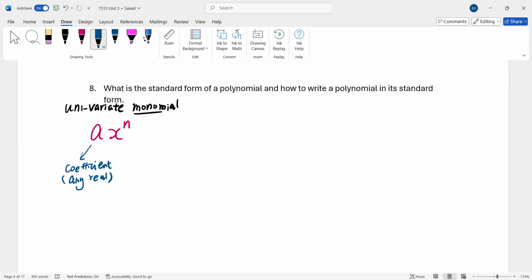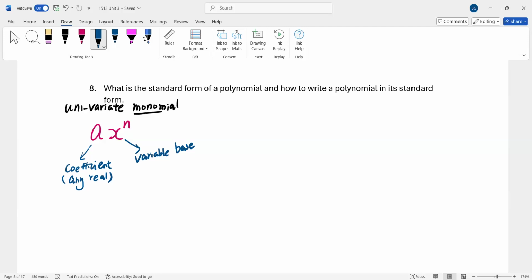The second part is the variable base. Most of the time, we use x to represent the variable in a polynomial. Sometimes the question uses y or other letters. It's just a different letter. So the second part is the variable base. I always use x.